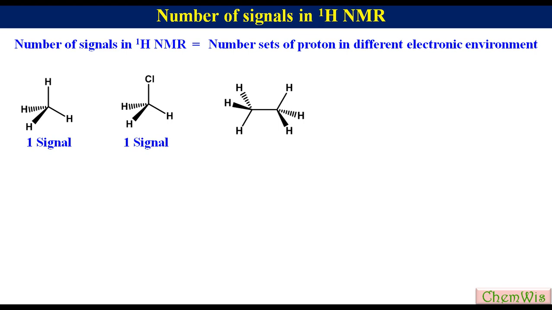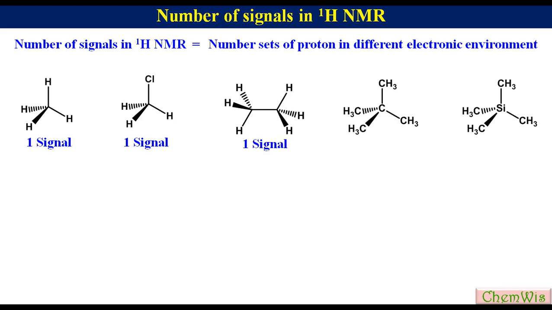Ethane. It has 6 protons and all have the same electronic environment, so it will show only one signal in the proton NMR. Neopentane and tetramethylsilane both have 4 CH3 groups having same electronic environment.